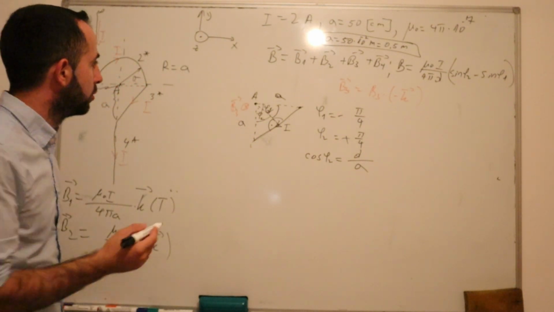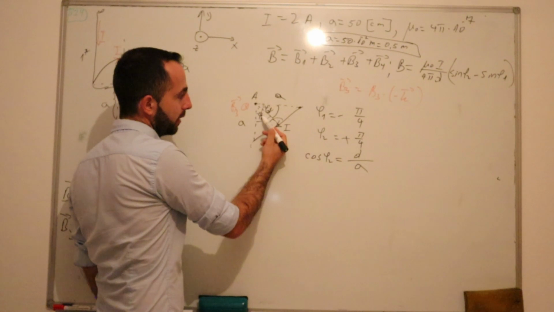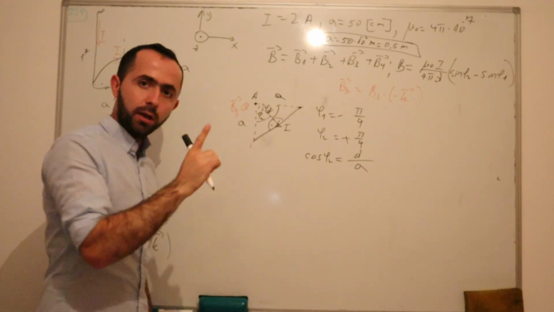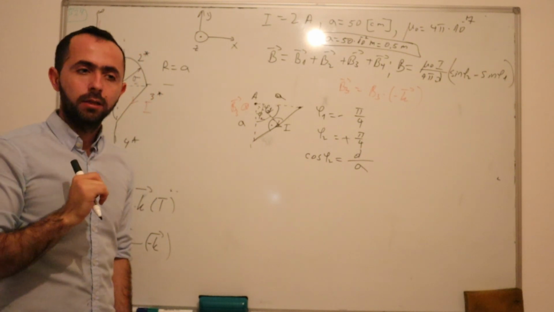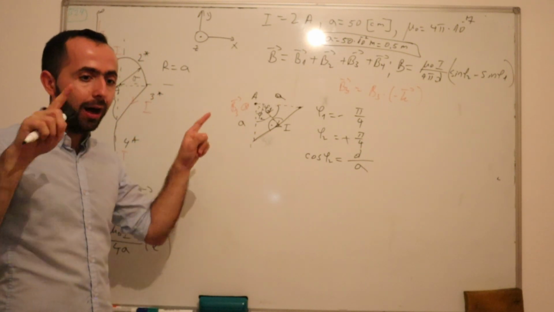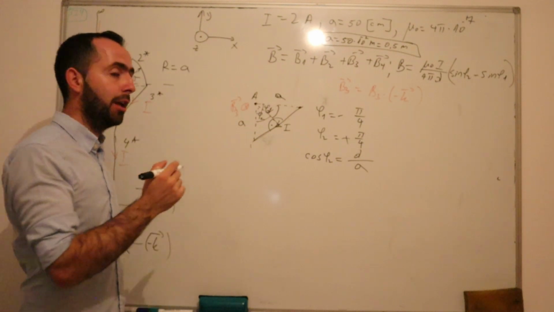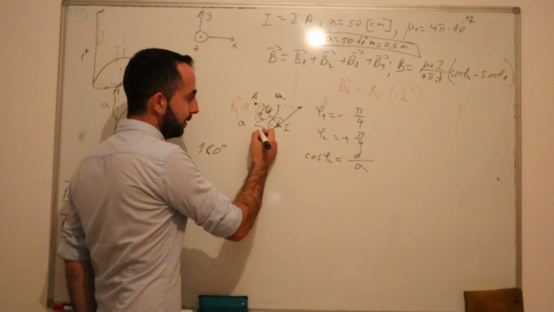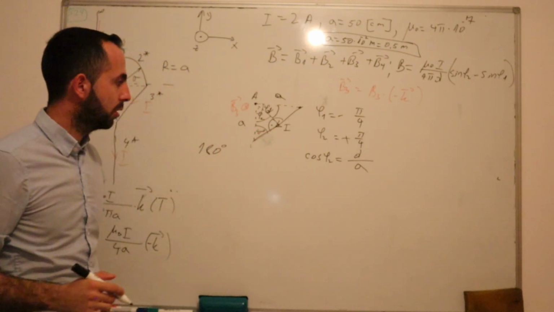We could also use, okay, if we know this is a 45-degree angle, this is a 90-degree angle, we know for every triangle that the sum of all inner angles must be equal to 180 degrees. We can also get that this is 45 degrees.